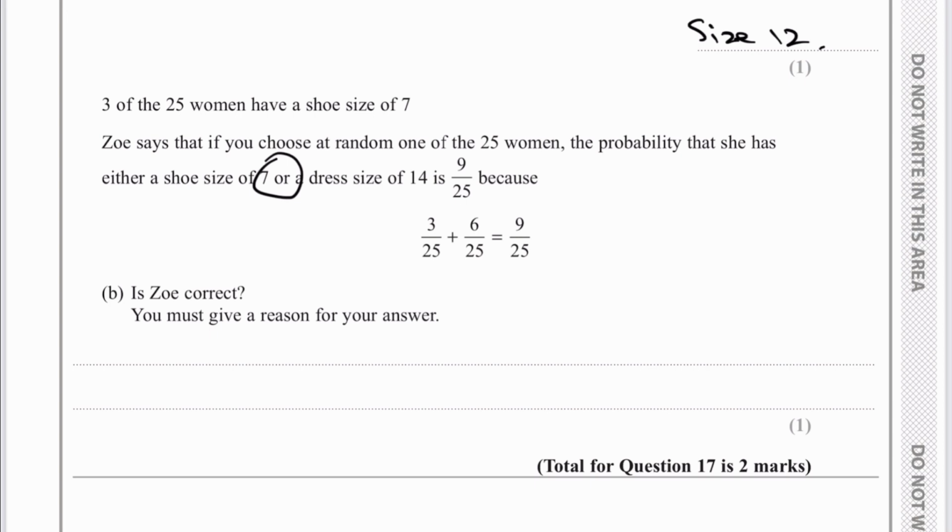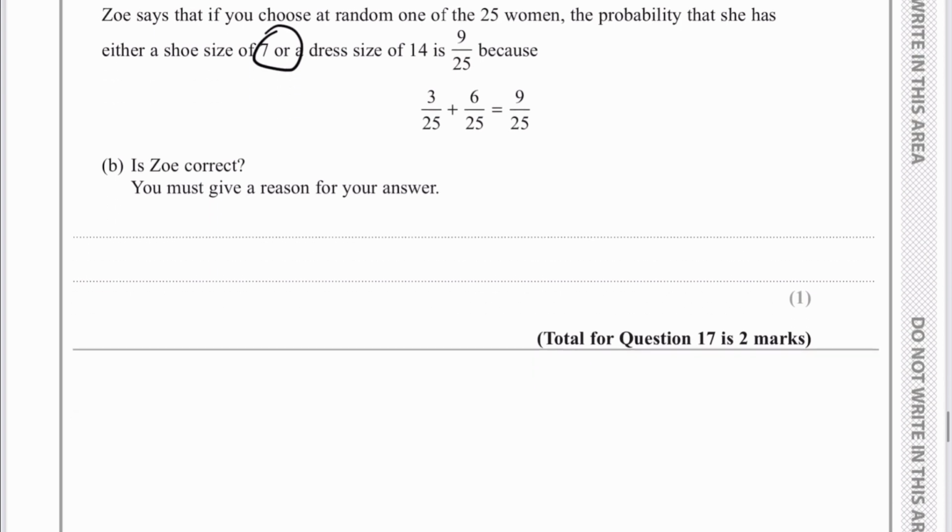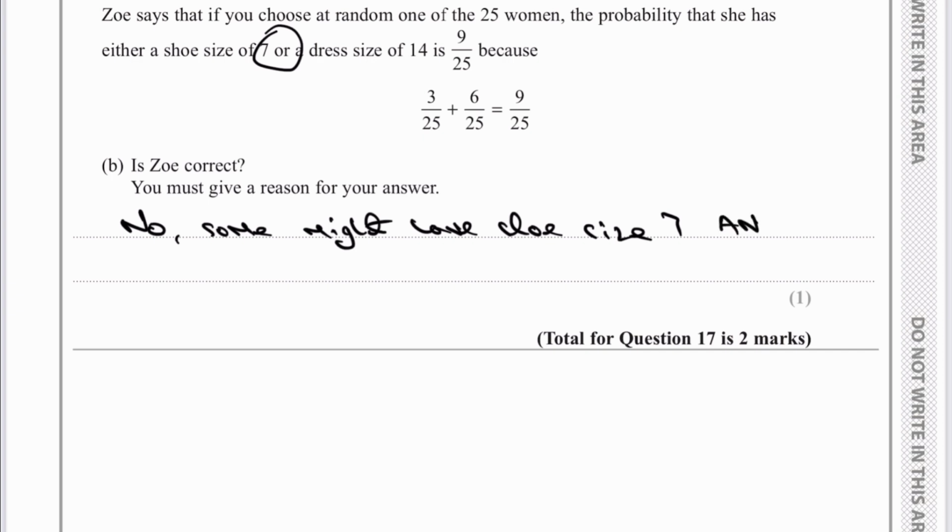Well, actually no, because what we're basically saying is that some of them might have shoe size 7, and the important thing is, rather than or, it would be and dress size 14.